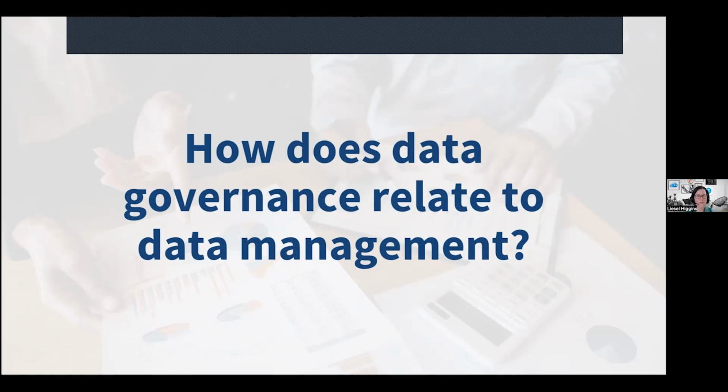So let's distinguish between data governance and data management. While distinct, they are also really closely intertwined, and one can't really exist without the other.